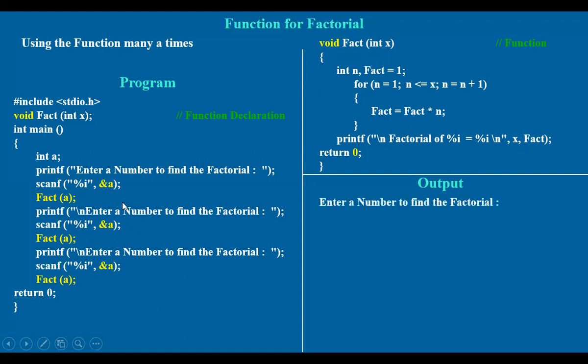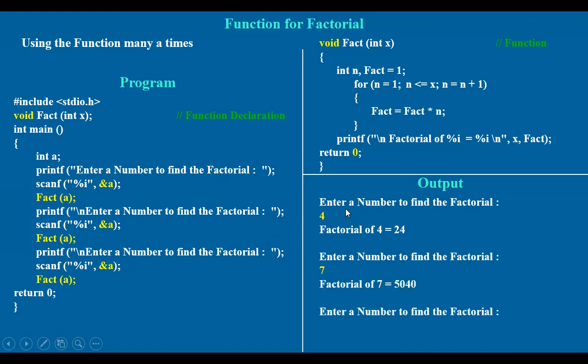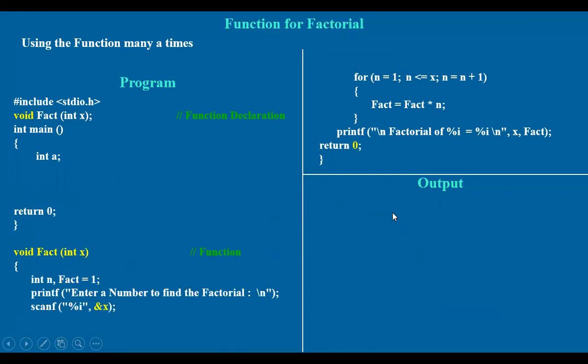So here, execute this program, and it asks one by one, one after the other. This statement is executed, number 4 is given, that is taken as A, and the function is called with A equal to 4, and it executes this and displays. Again, the second statement is executed. Now, when you enter the value 7, this 7 is assigned to A now. So even with one variable, we can do that. The similar type of thing can be done.